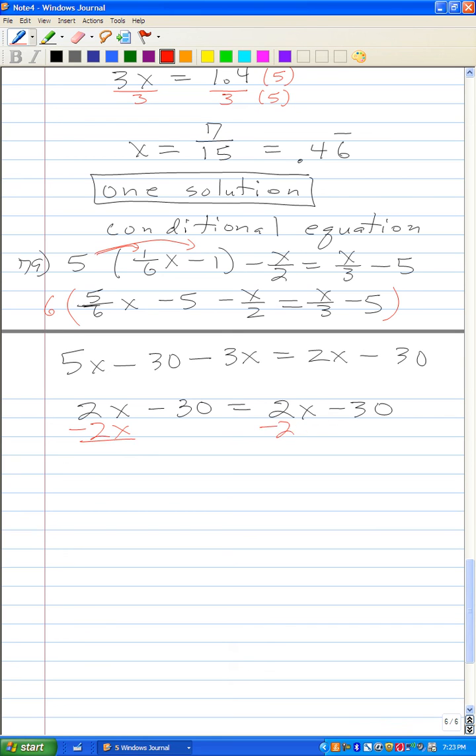Subtract 2x from both sides of my equation. And so I get, the x's cancel. So since the x's cancel, I have here that negative 30 is equal to negative 30. And so this has an infinite number of solutions.